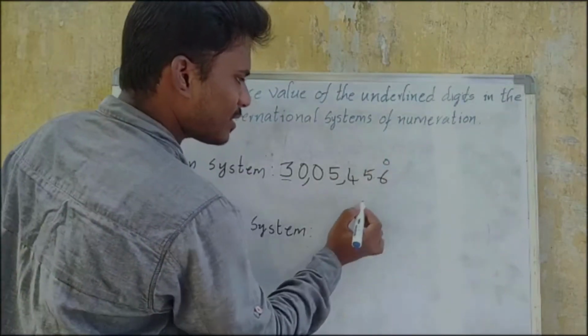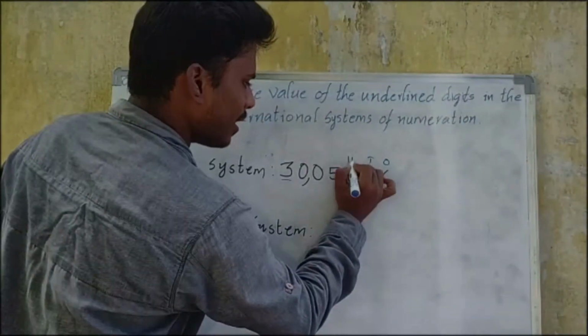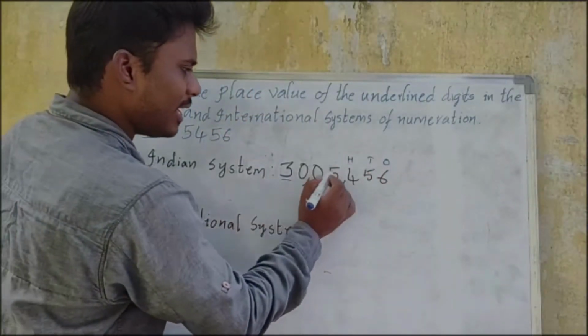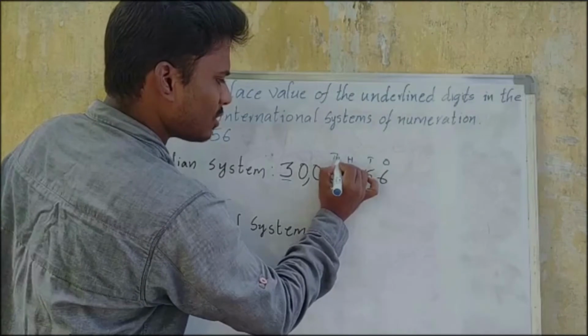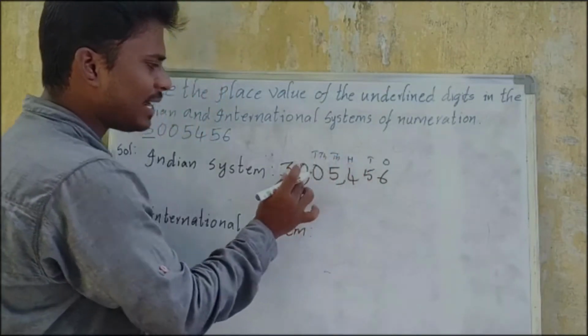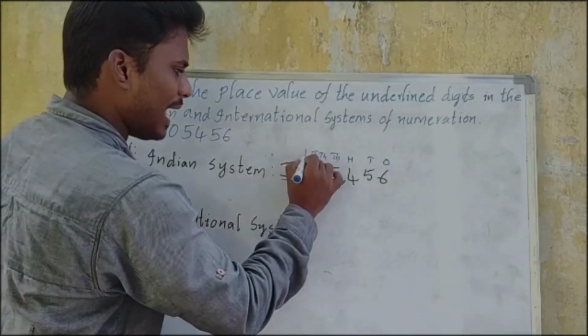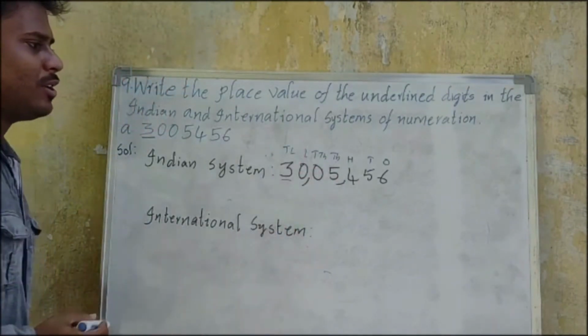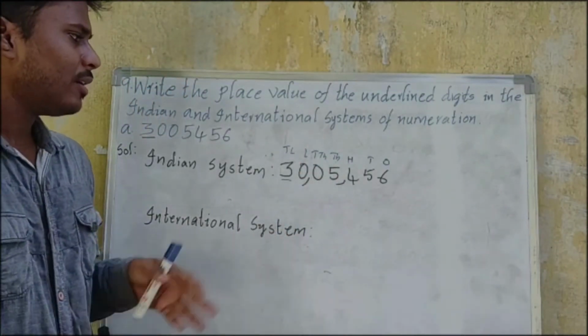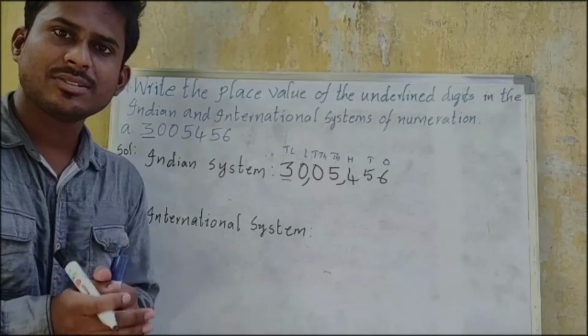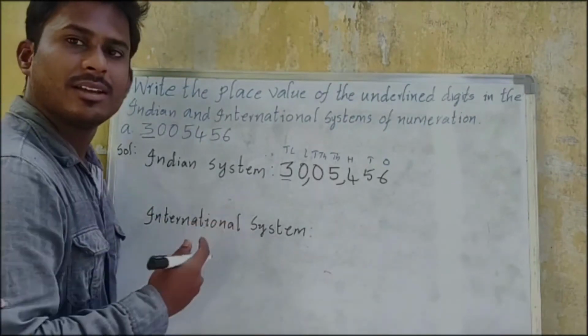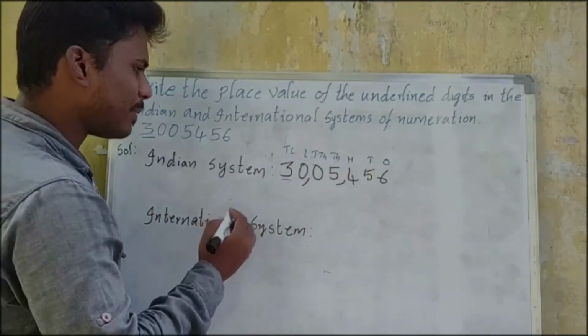This is ones place, tens place, hundreds place, one period completed. Now this is thousands place, thousands, 10,000, and lakhs period. So lakh, 10 lakh. So in the 10 lakh place we have digit 3. So 3 tens, 30. So 30 lakhs is the place value here.